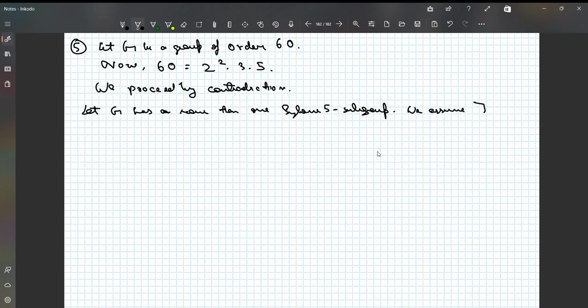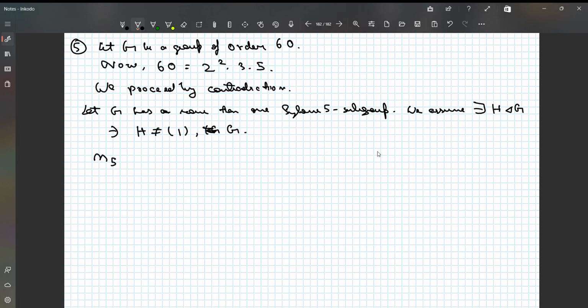We assume there exists some H in G which is normal, such that H is neither equal to the trivial identity subgroup nor G. We will reach some point of contradiction to this assumption, and that will be the end of the proof, obviously.